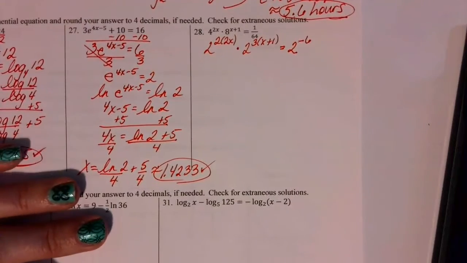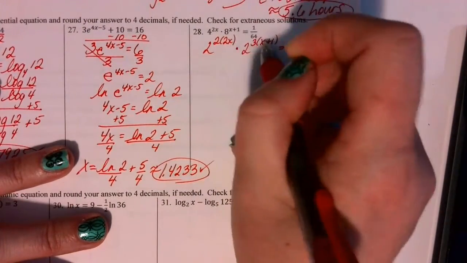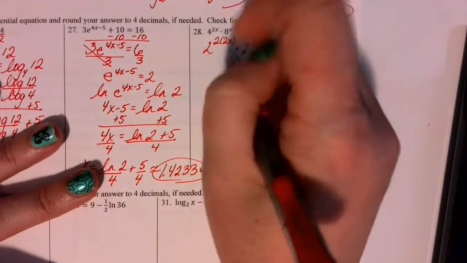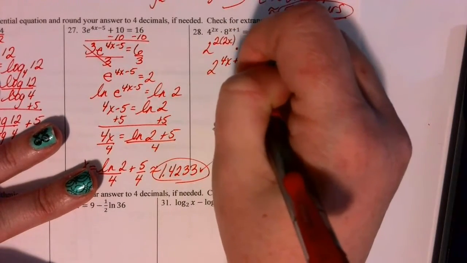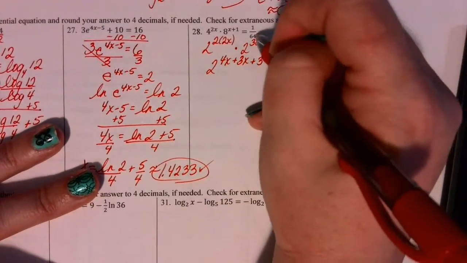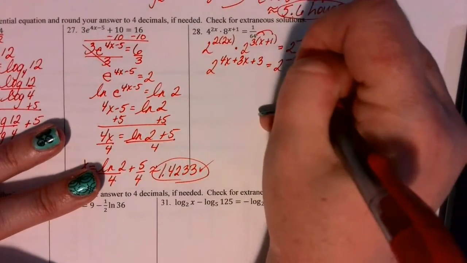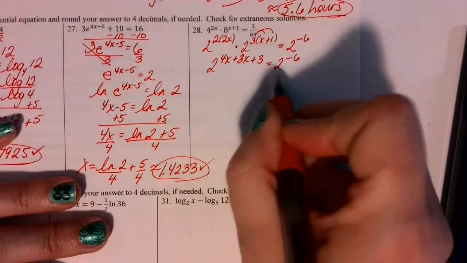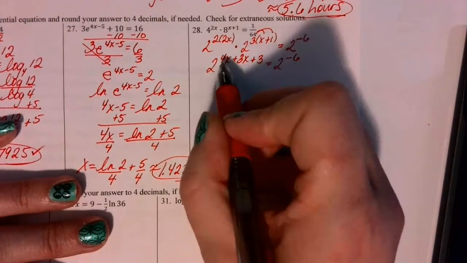Then using properties of exponents, we can add the exponents when we multiply the same base. So that would be 2 to the 4x plus 3x plus 3, when we distribute over those parentheses, that's equal to 2 to the negative 6. Now that the bases are equal, we can use the one-to-one property to set the exponents equal.